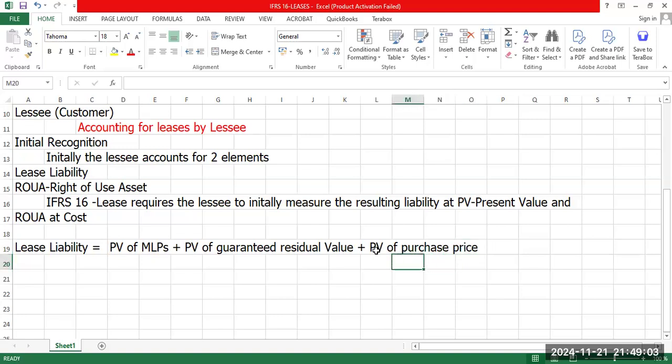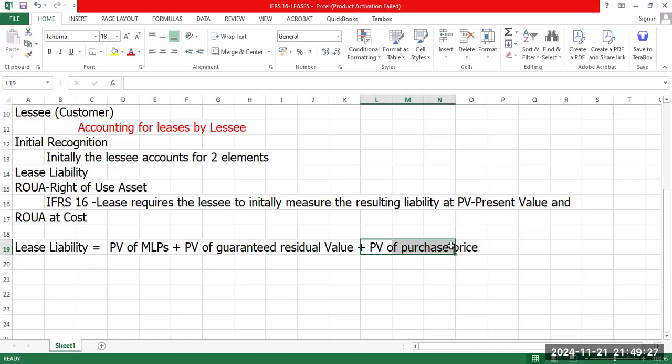But of course, you add this only if you can actually tell what the purchase price will be. If you're not given a purchase price in the question, don't add this. This one will be 0. So for you to add this, you must have the purchase price.